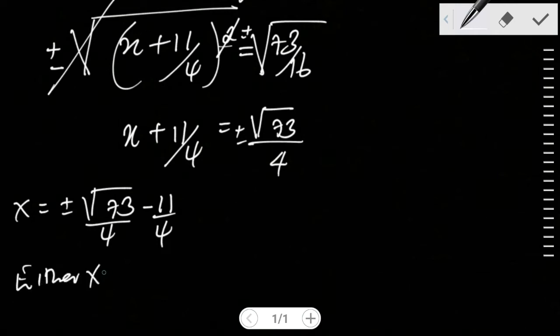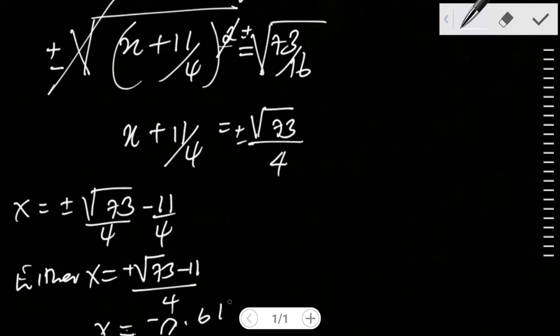So either x equals positive root of 73 minus 11 all over 4, and x would be equal to negative 0.6140.